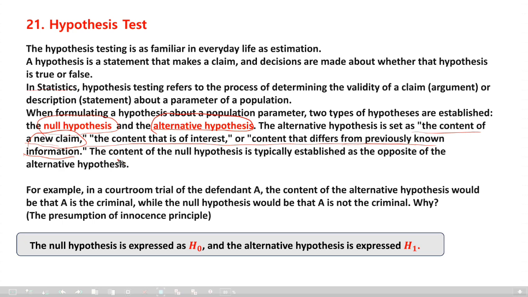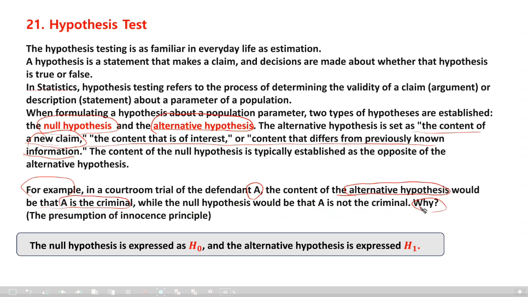Anyway, the contents of the null hypothesis are typically established as the opposite of the alternative hypothesis. For example, in a courtroom trial of defendant A, a murder suspect, the alternative hypothesis would be A is criminal, while the null hypothesis would be A is not criminal.